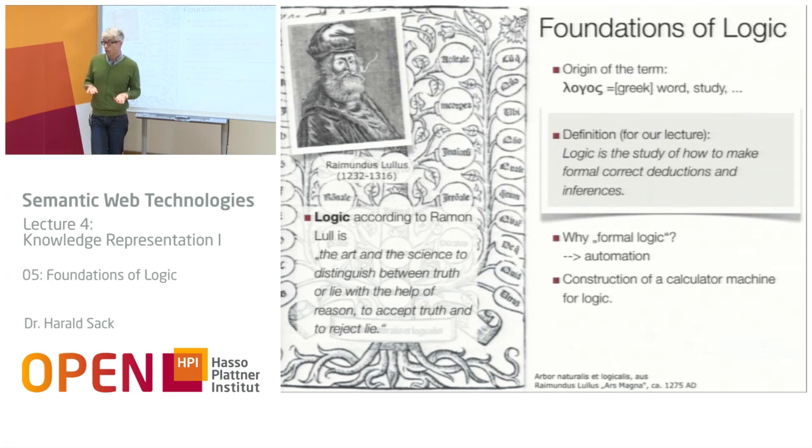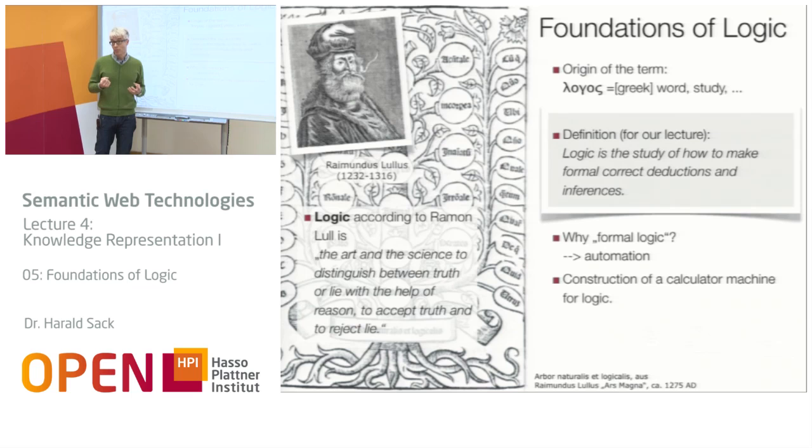And we need formal logic because we want to automate that process and we want machines to do this instead of us. So we want to construct a calculator machine for logic. And this is a pretty old idea. Even in the Middle Ages, we have seen this in the philosophy part of the lecture.